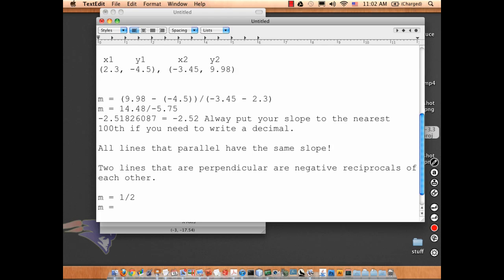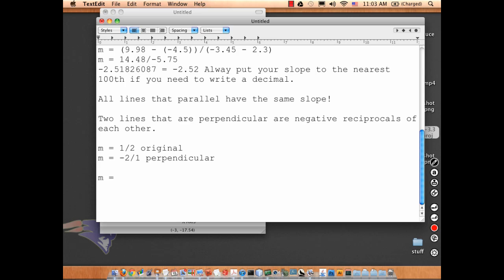So what's the reciprocal of 1/2? 2 over 1. Now I just change the sign. So it becomes negative 2 over 1. So negative 2 over 1 is the perpendicular slope. So here's the original, and here's the perpendicular.